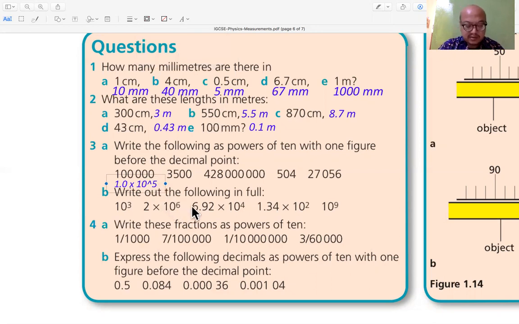And what about 3,500? This is something with 3.5 times 10 power, because this is when the position of the point is in here. So 1, 2, 3, power 3.